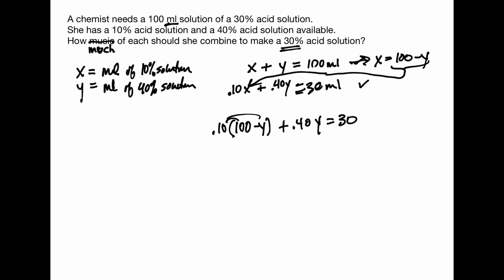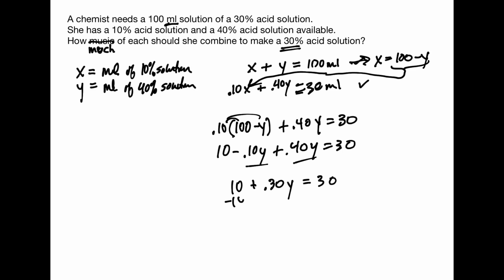All right, distributing, that gives me 10 minus 0.10Y plus 0.40Y equaling 30. I can combine the two Y terms. Negative 0.10 plus 0.40 gives me 10 plus 0.30Y equals 30.